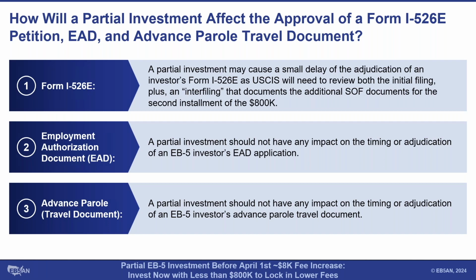So I'll back up a little bit and talk about what needs to be included in the Form I-526E. When an investor files an EB-5 petition, that's the actual Form I-526E, they have to include information about where their investment comes from.